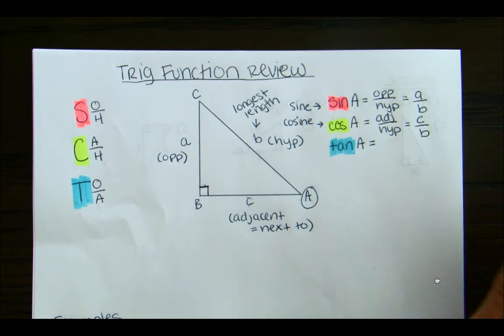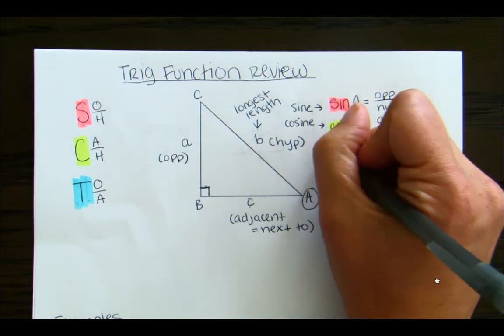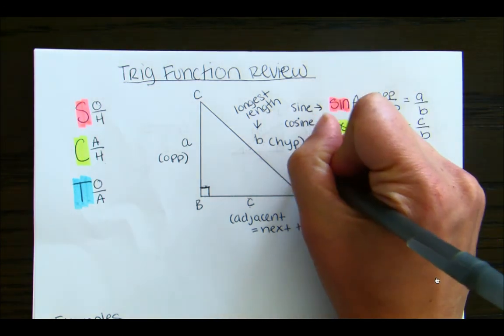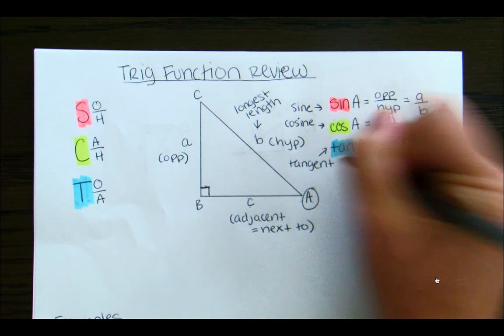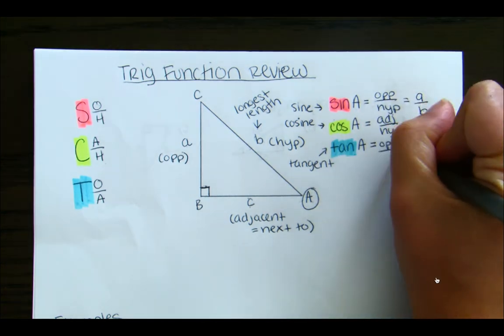Tangent is the one that's special in that sense, in that you might have a longer length on top or on the bottom. It just depends on what the opposite and adjacent are. So when we're talking about tangent, I am talking about opposite over adjacent.